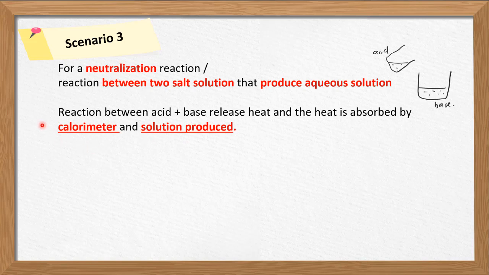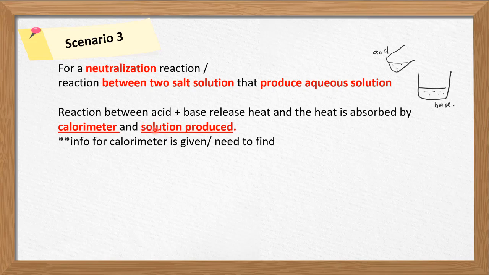Okay, so this is the case for the questions where the information for both calorimeter and solution is given. In this case, we will focus on the calorimeter. So if the calorimeter information is given, then we will include it inside the formula. Solution is a mass inside your neutralizations or reactions involving aqueous solution.